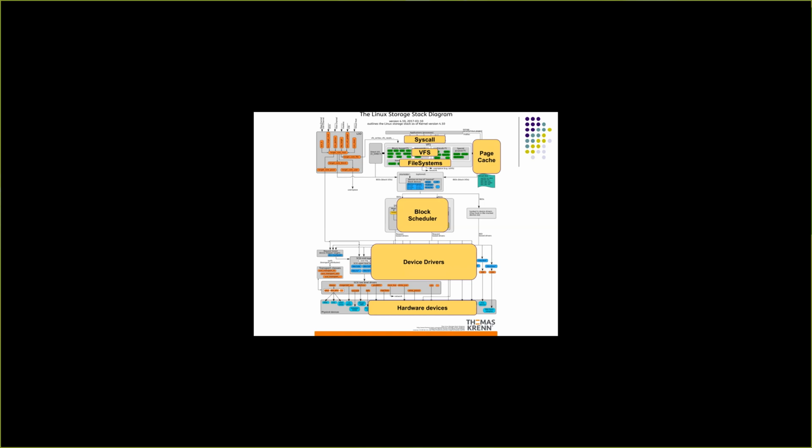And then there comes the block scheduler, which is the same for all block devices, which is the case with most of the disks or most of the storage devices. Under the block scheduler, we have device drivers, which actually hold the information about how to communicate with the device exactly. For instance, communicating with an SSD is different from communicating with a magnetic disk. This part is abstracted by the device drivers.